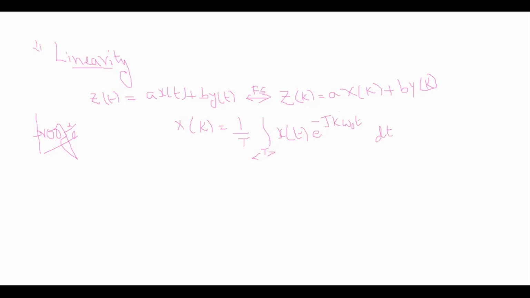According to the analysis equation of the exponential Fourier series, take this X of k as Z of k, is equal to 1 by T integral over T. So what is the x of t now? If it is X of k, here the x of t. Now it is Z of k, here the z of t. What is the z of t given? a into x of t. So directly I am writing a into x of t plus b into y of t, the given z of t, and e power minus j k omega naught t dt.